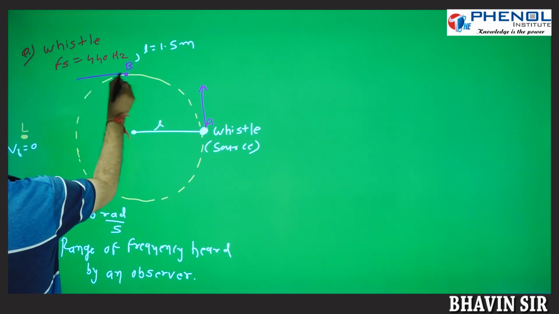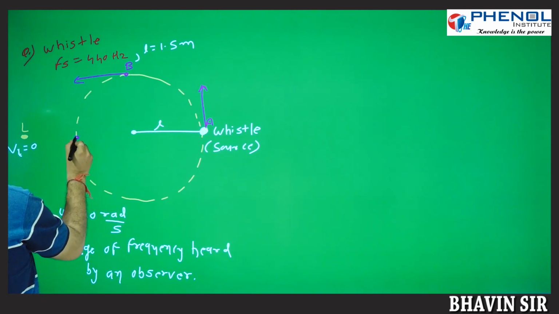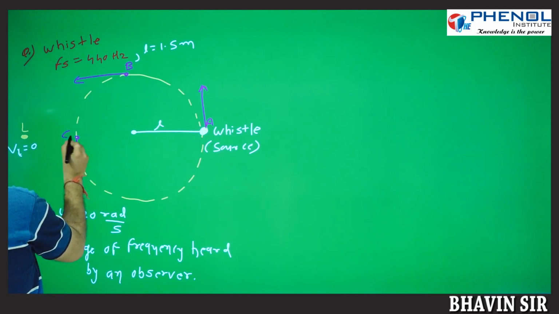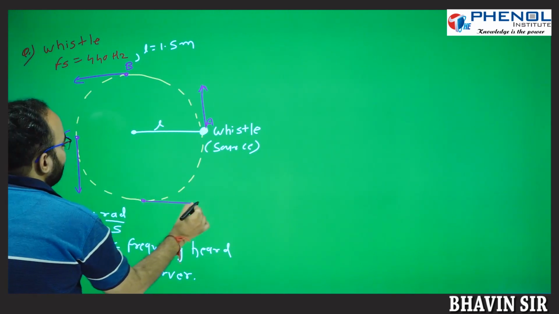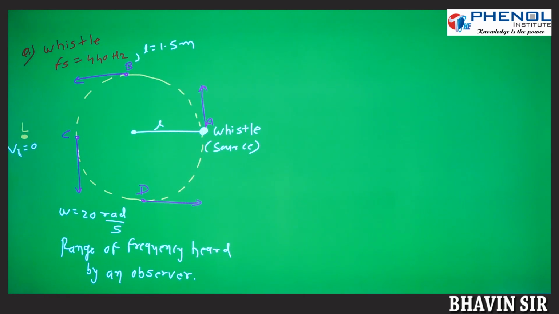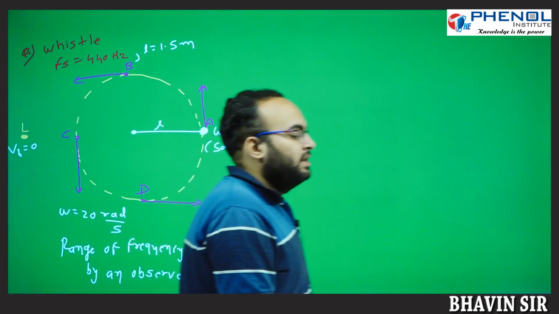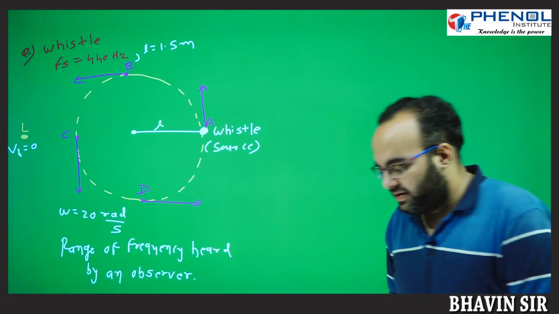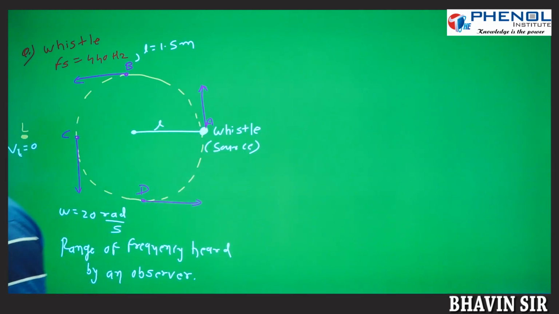This is B, this is the point C, and this is the point D. So we consider the 4 different points A, B, C and D.